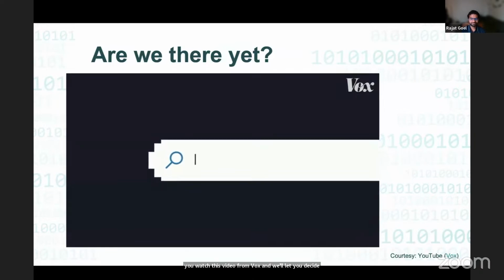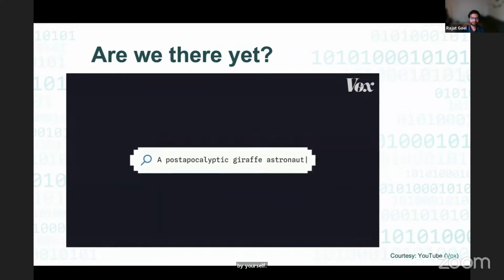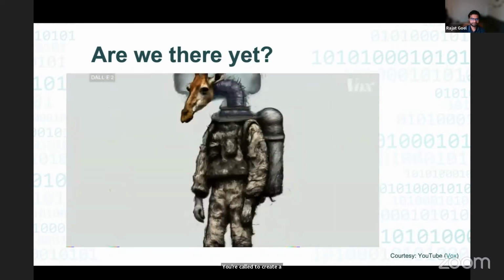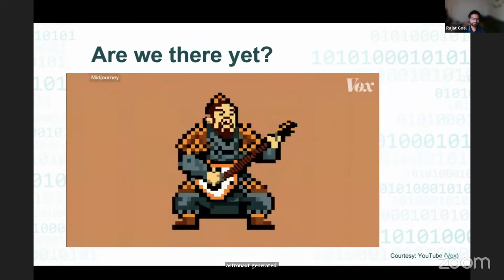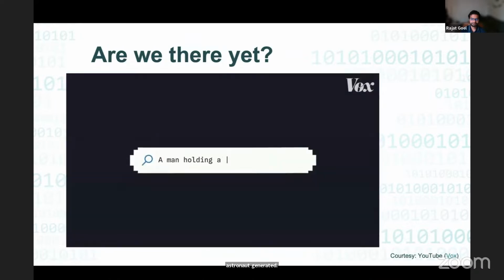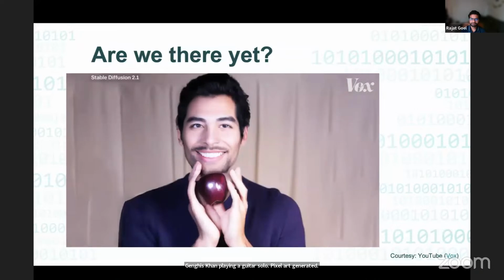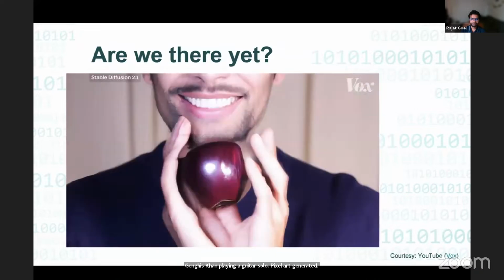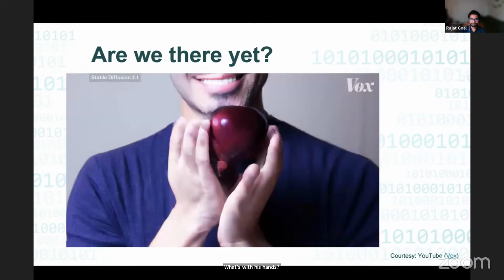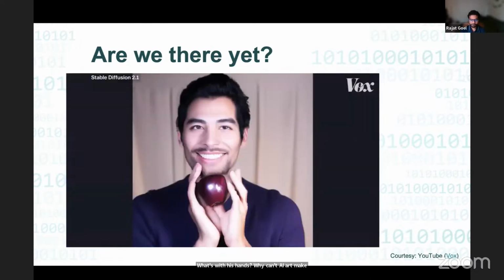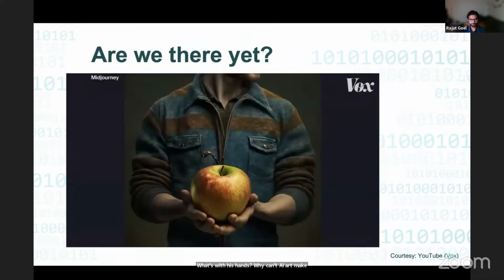You're called to create. A post-apocalyptic giraffe astronaut generated. Genghis Khan playing a guitar solo. Pixel art generated. A man holding a delicious apple. What's with his hands? Why can't AI art make hands? It doesn't matter what AI art model you use.